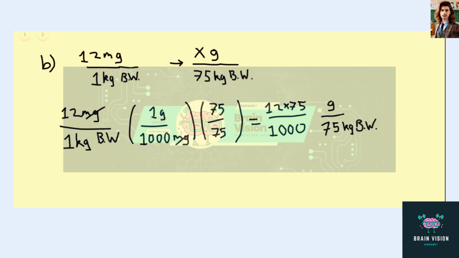This quantity is 900, so we're left with 900 over 1,000, which is 0.9 grams for a 75 kilogram body weight. And so that's how many grams a 75 kilogram adult should receive.